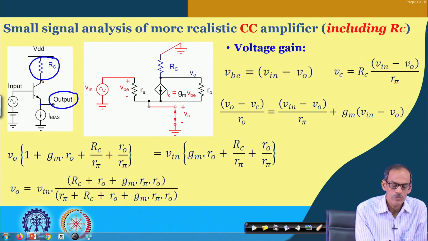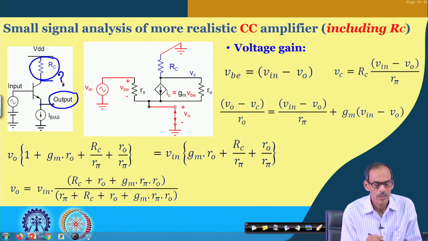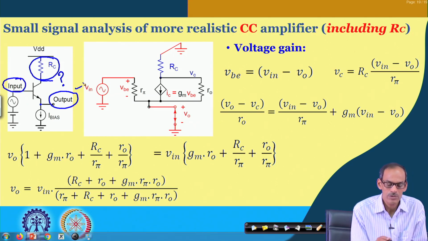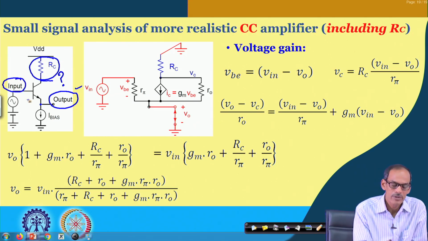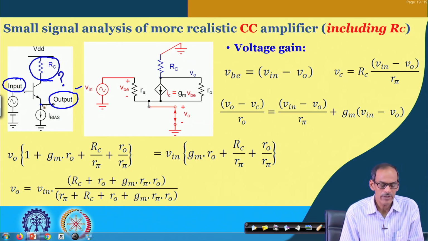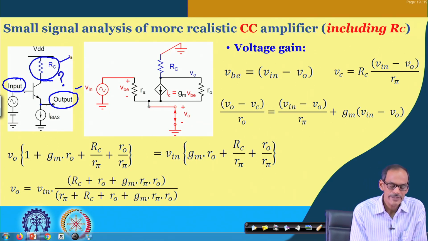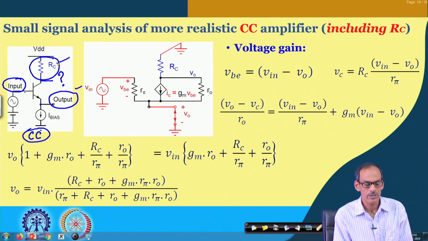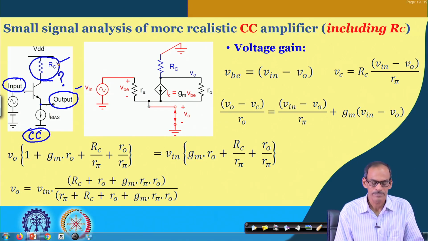Even though we may have some signal coming to the collector terminal, we may not be really concerned about this signal unless otherwise stated. So, our input and output terminals remain base and emitter respectively, and even though we do have R c connected here, still we call this a common collector amplifier. We may say that the collector has some resistance, but still we call it common collector without any confusion.